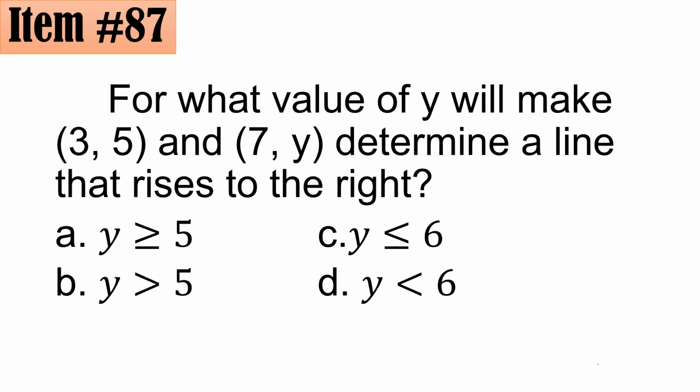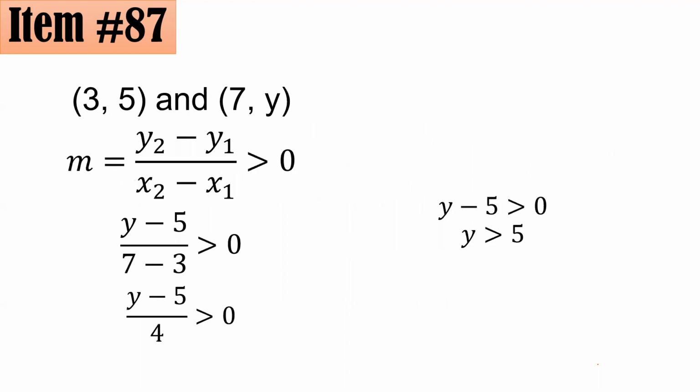Now, tandaan po natin ha, we have to remember that the line rises to the right if the value of your slope is positive. Which means if you have the points 3, 5, and 7, y, your slope, which is y sub 2 minus y sub 1, all over x sub 2 minus x sub 1, should be greater than 0 if it indeed rises to the right.